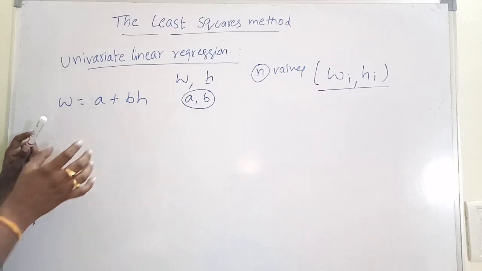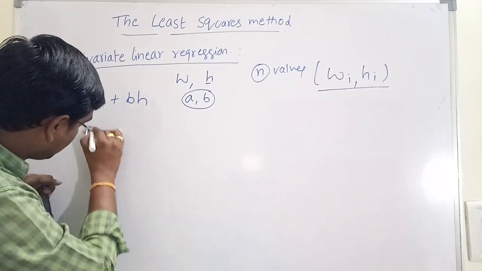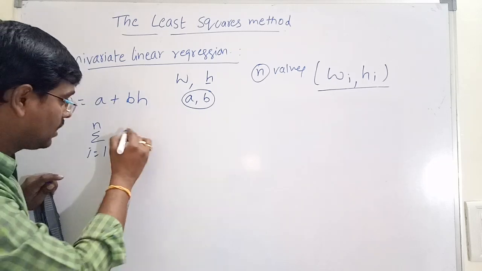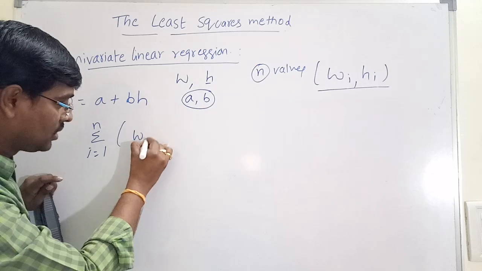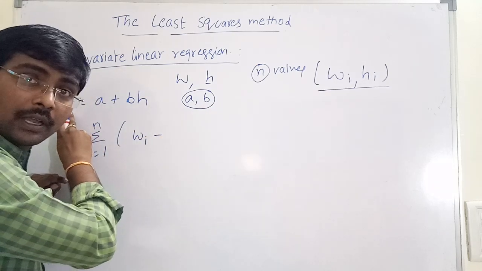So convert this equation: sigma i is equal to 1 to n. What are the residuals? The original value is Wi. Suppose I am writing for W.